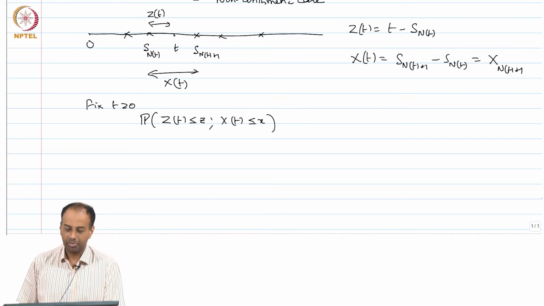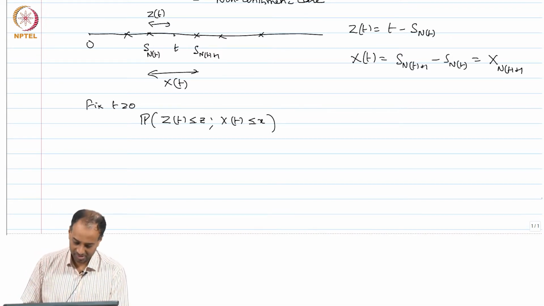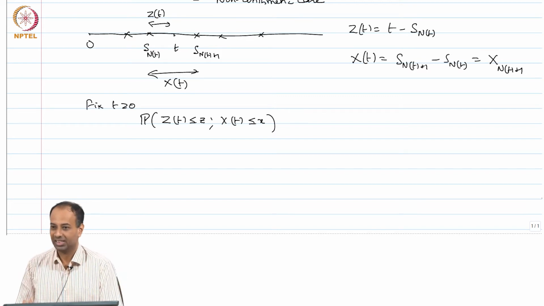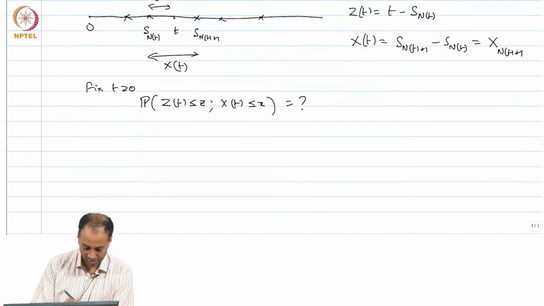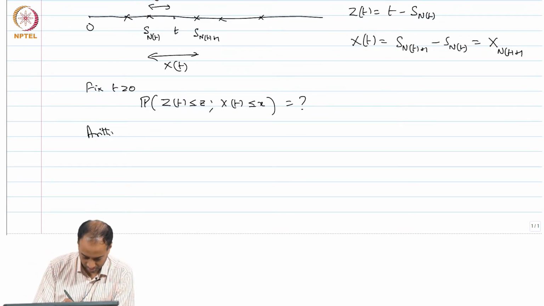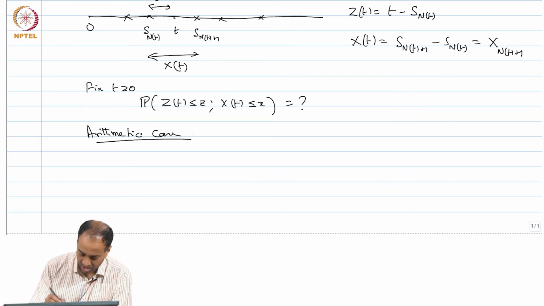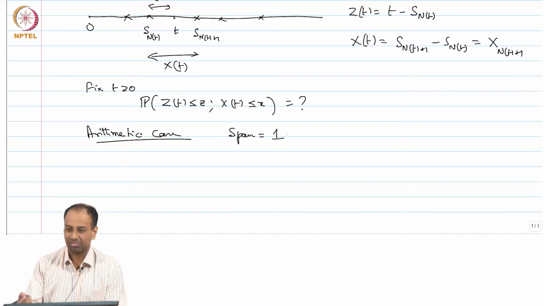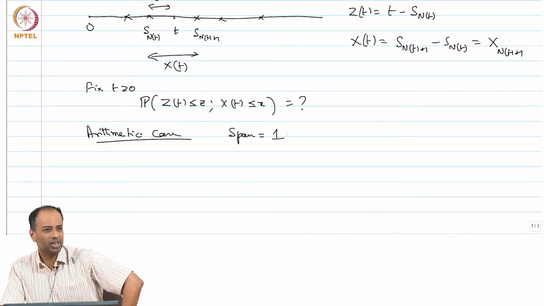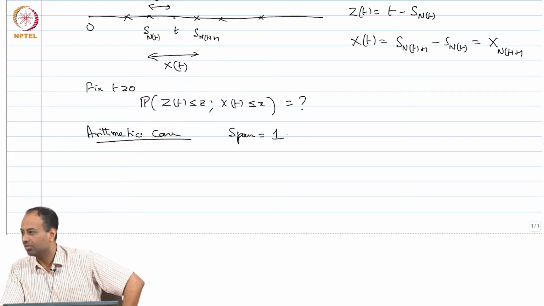We will treat the arithmetic case first, because the arithmetic case is very discrete and conceptually a little easier, all right. So, this is what we want. The arithmetic case, let us say span is equal to 1, no loss of generality. So, what is an arithmetic process? Each renewal occurs only at multiples of some kappa, right.